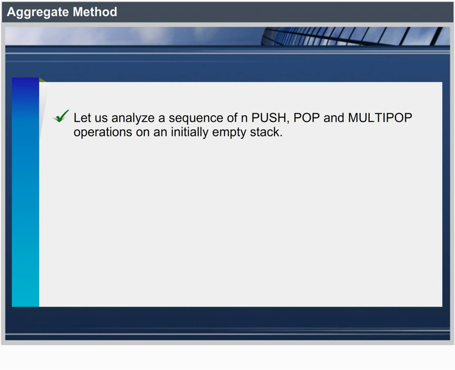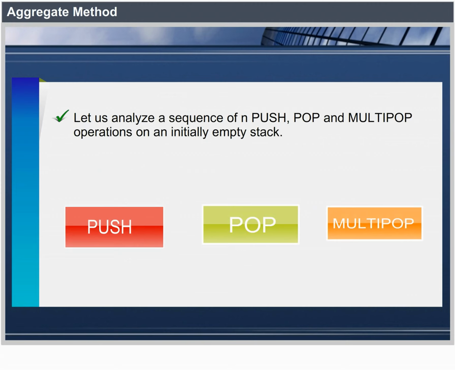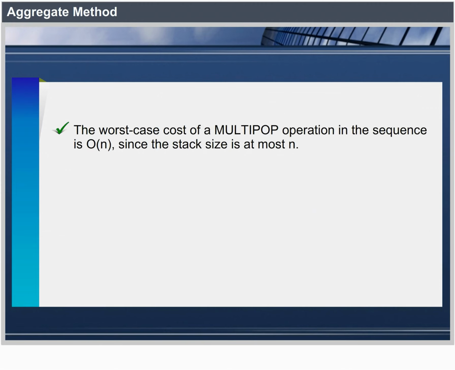Let us analyze a sequence of n push, pop and multipop operations on an initially empty stack. The worst case cost of a multipop operation in the sequence is big O of n, since the stack size is at most n.